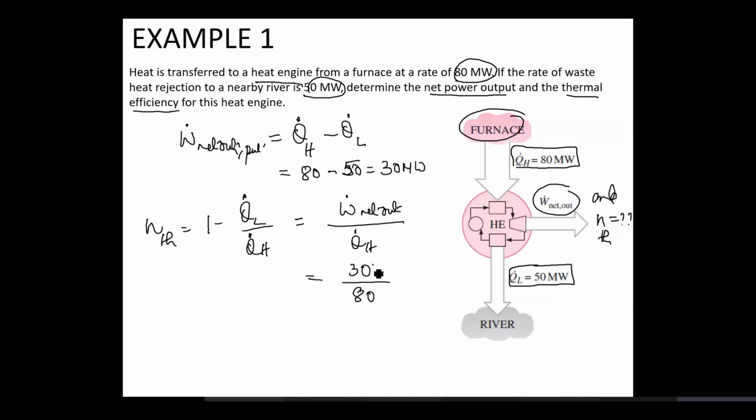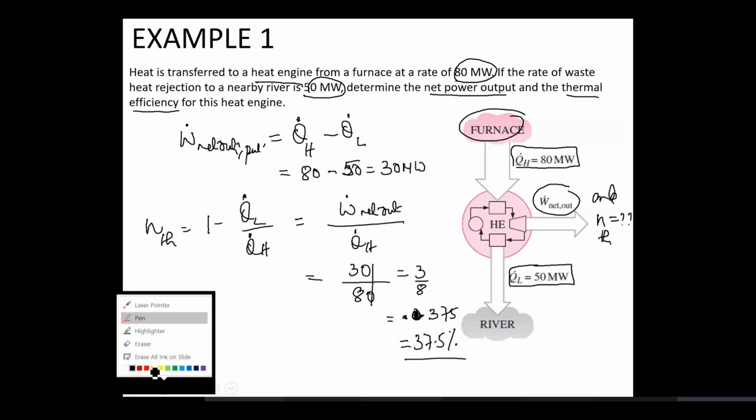So you will have 3 over 8. What is the answer for this? 3 over 8? 0.2 something? 0.375. Yes, 0.375, or 37.5%. This is the efficiency of the heat engine.